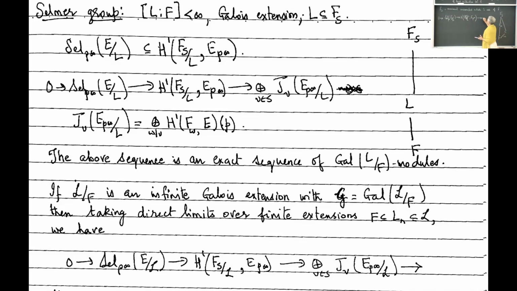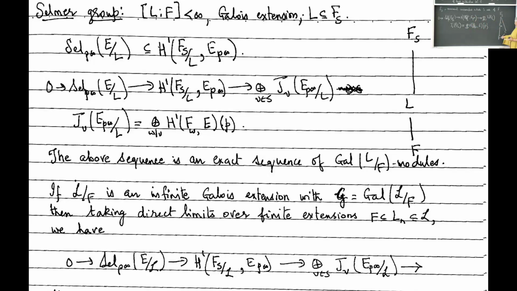Then the direct sum over this finite set now, which I'll write J_v(E/L). And what is J_v(E/L)? My v is in S. So this is a prime which is occurring at the base level. And I take the completions over all the primes L_w, E, and this is the complete p primary part.